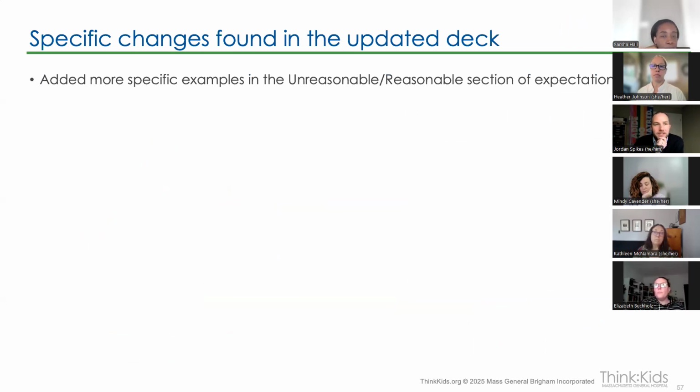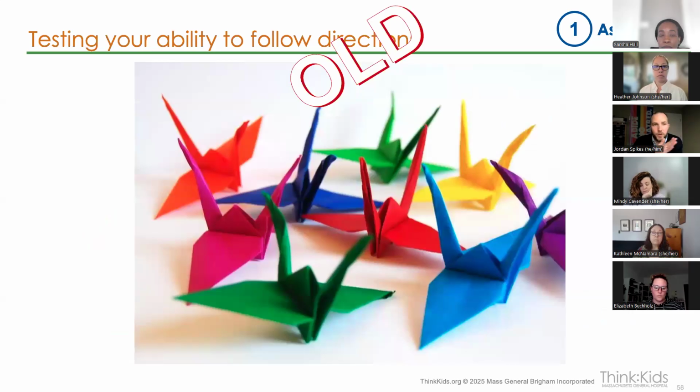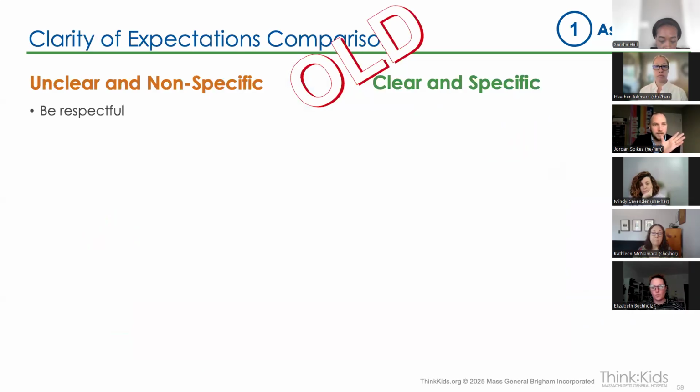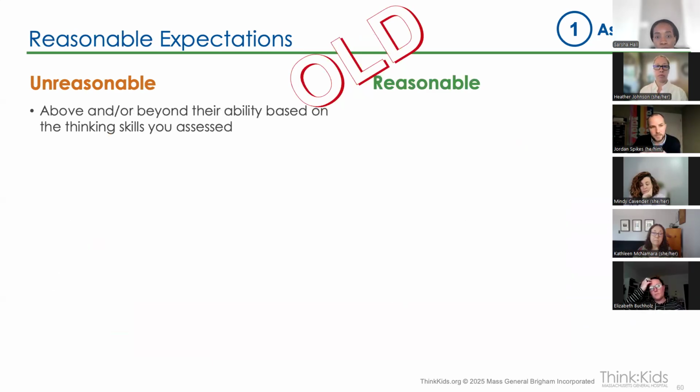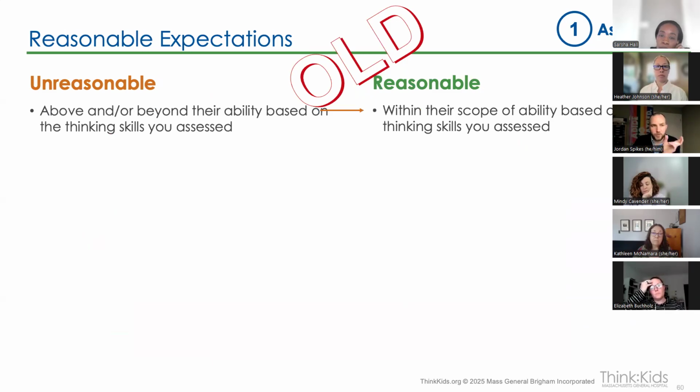We then added some more specific examples when talking about expectations in the unreasonable and reasonable section. In the old one, we had the little activity that we do, which is one of my favorite activities. Then we go into clear and/or unclear versus clear and specific, unreasonable, reasonable, which was just above and beyond their ability, within their scope of ability.